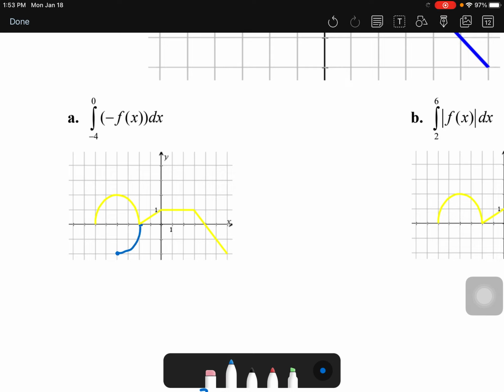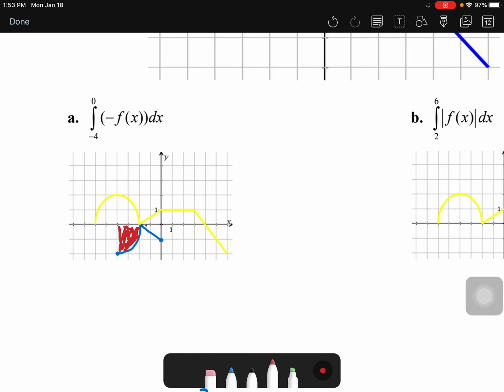So I'm going to have this part of the semicircle down here, and then this line segment, which has a slope of 1/2 because it goes up 1 and over 2, down 1 and over 2. So that's going to look like that. The area involved here would just be this part of the semicircle that's below the x-axis.